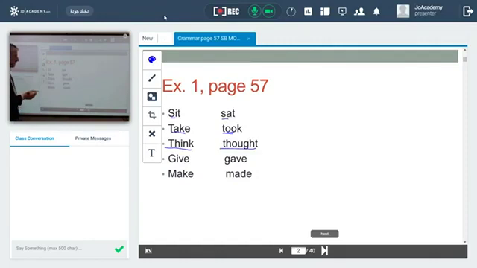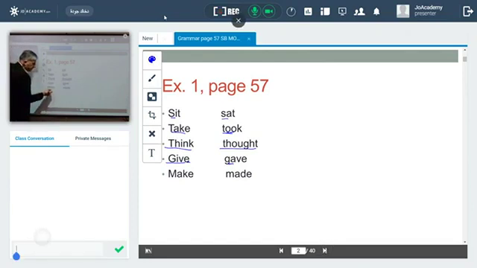Then we have the verb give. The verb give, when I change it into past, I change only one letter. I change the I into A, so it becomes gave. Give becomes gave. So this is an easy verb. And we have the verb make.